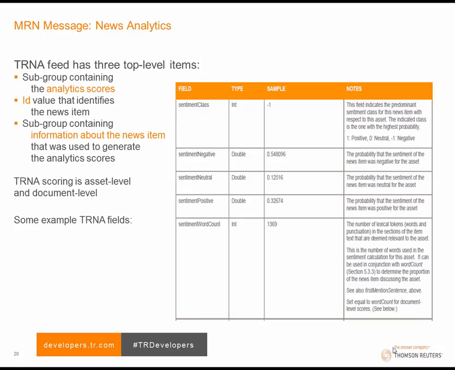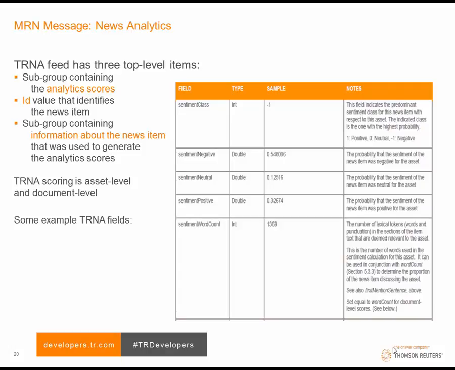News analytics will be hierarchical, and it has 3 top-level items. Subgroup containing analytic scores, ID that ties this item to the original news item, and subgroup containing information about the news item that was used to generate the analytic scores.